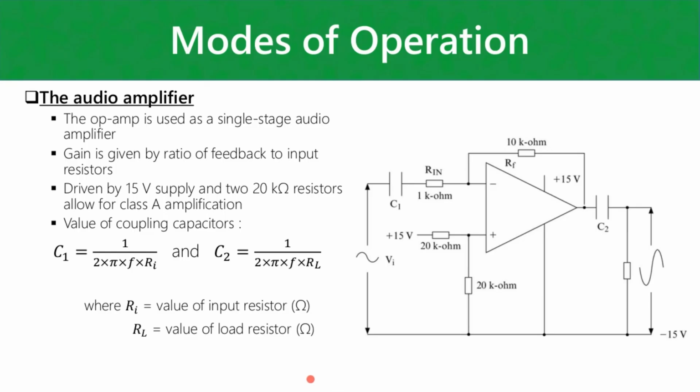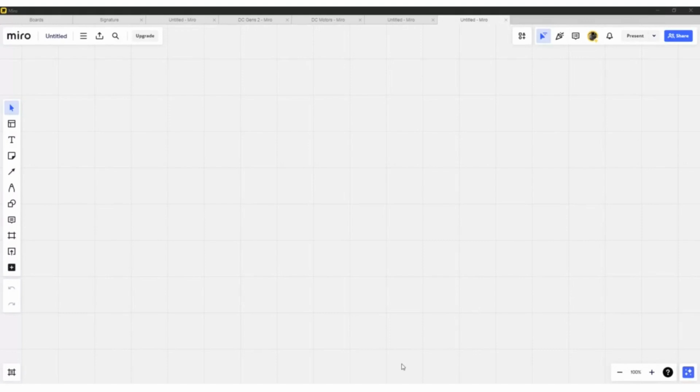I'm tempted to do the audio amplifier as well, as it's very similar to the inverting amplifier. But let's quickly do examples and then we can come back to this. Okay, I found something to demonstrate the inverting and non-inverting op amp, and then the summing amplifier.